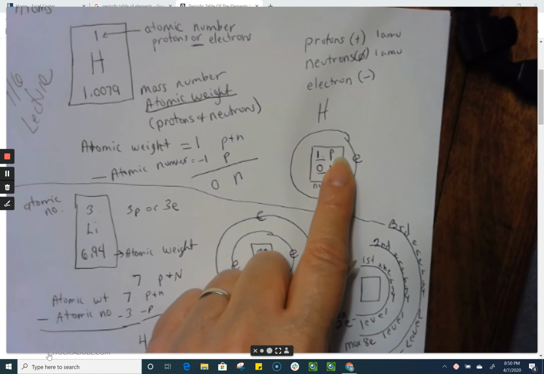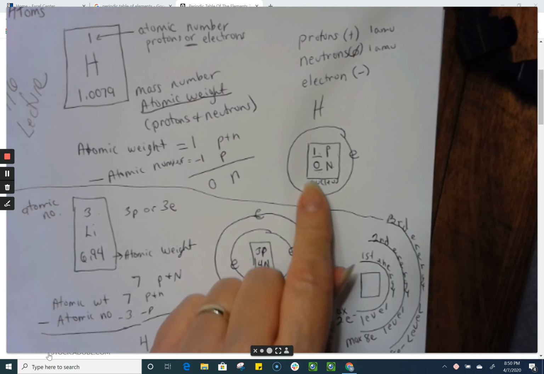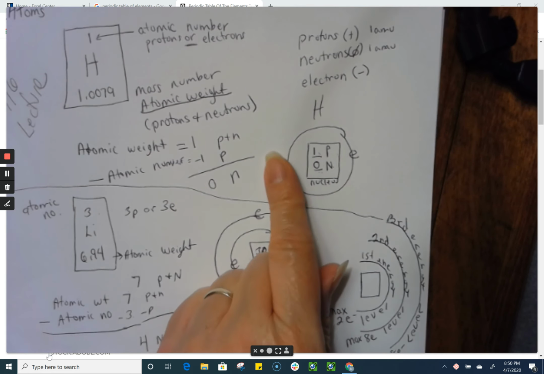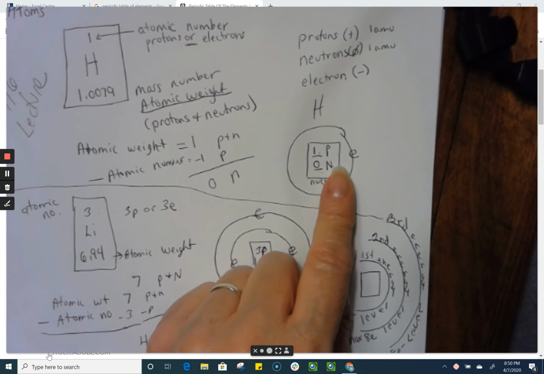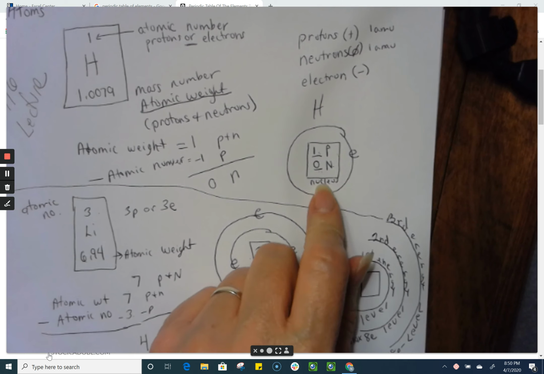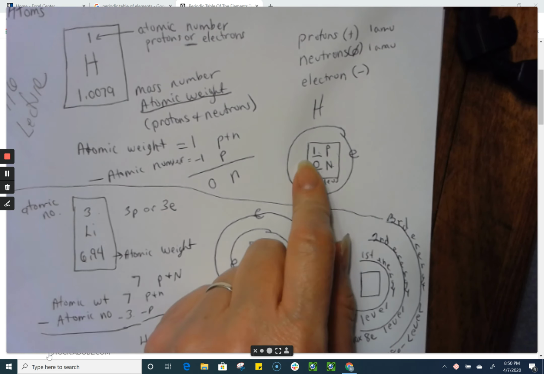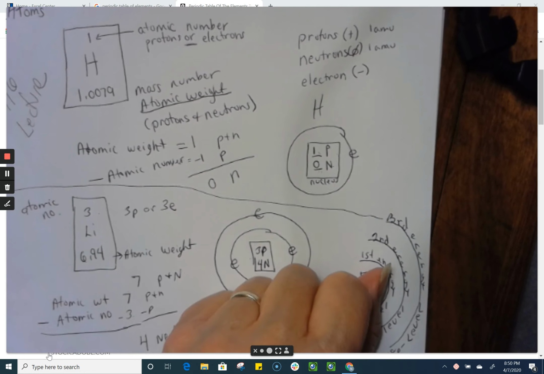And remember, I told you I put a square there because if we use circles to represent orbits of electrons, then that first circle, it's like, okay, is that the nucleus or is that the first energy level? So I use a square. And remember that these things are three-dimensional. They're not flat.